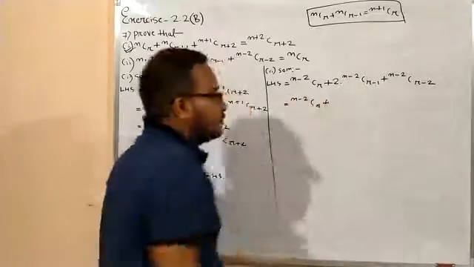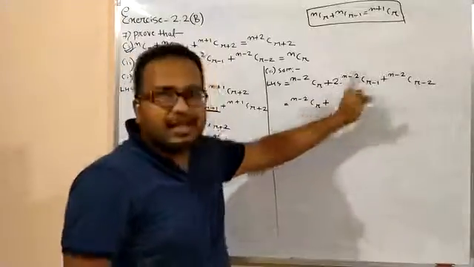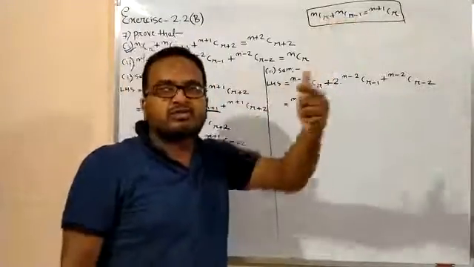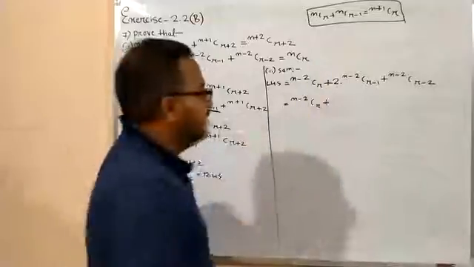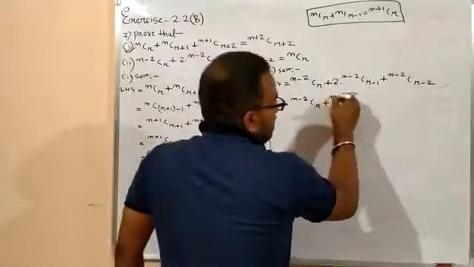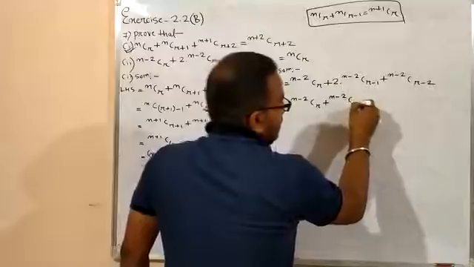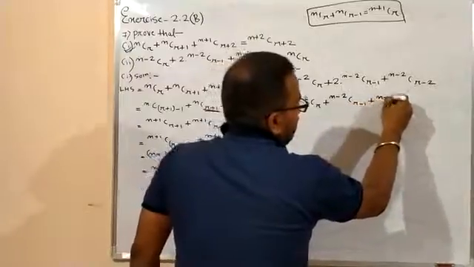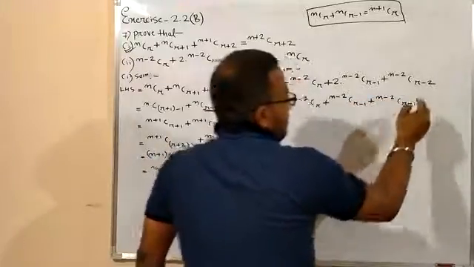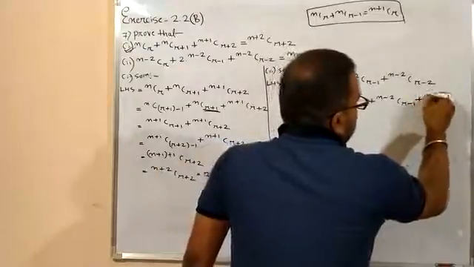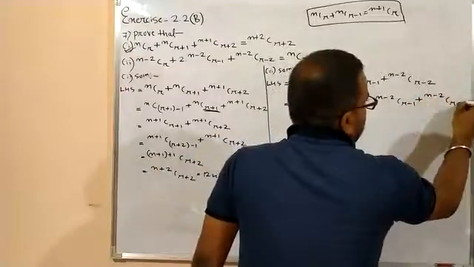Now this is what? 2 times of this term. One is this term plus this term. That means 2x, and 2x can be written as x plus x. Right? So it can be written as n-2Cr plus n-2Cr-1 plus n-2Cr-1 plus n-2Cr-2. Right?